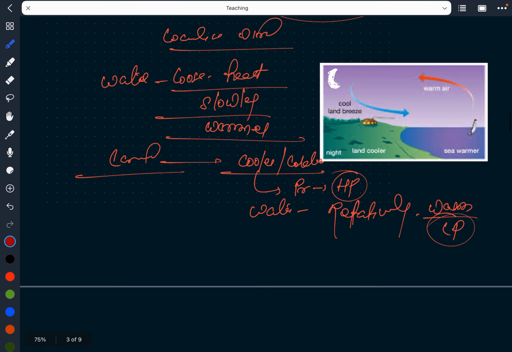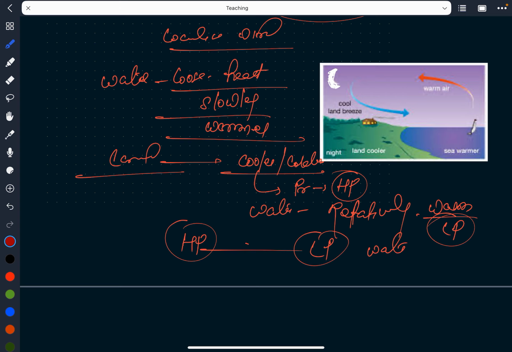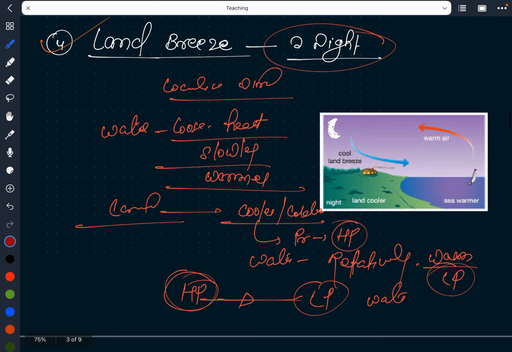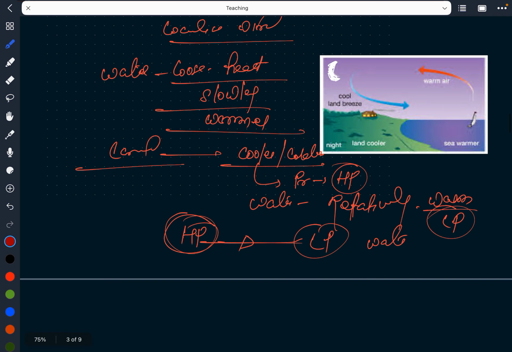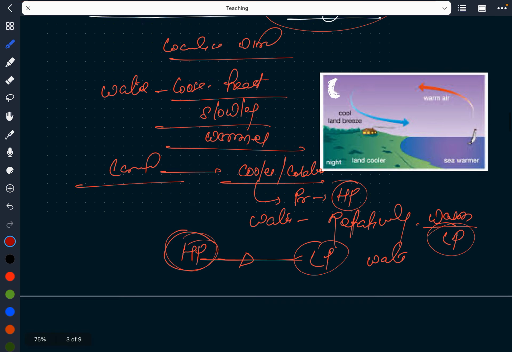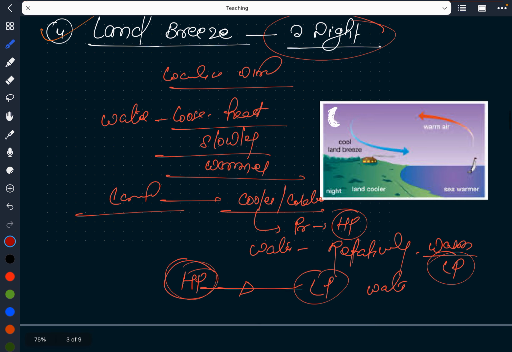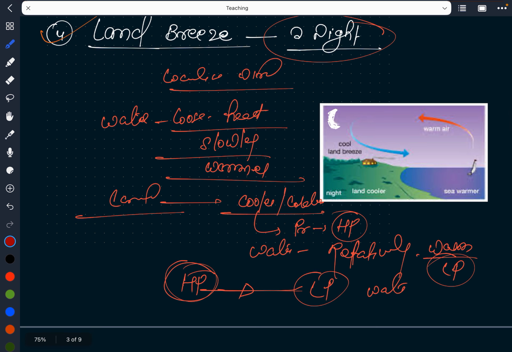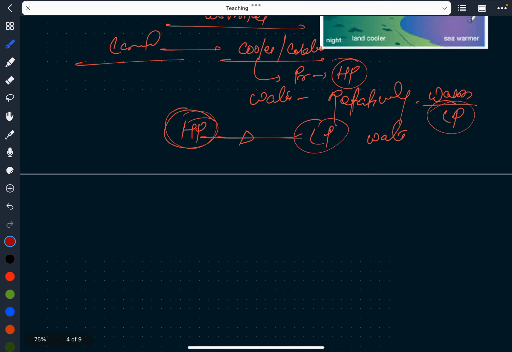So again a pressure difference is created, a high pressure over the land and a low pressure over water. Because of the pressure difference, the wind will start blowing from high pressure to low pressure, that is from land to sea. So it is a land breeze that blows during night. I hope it makes sense to you.